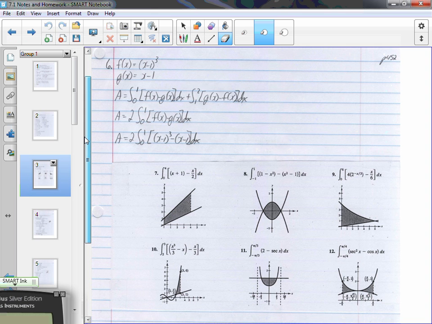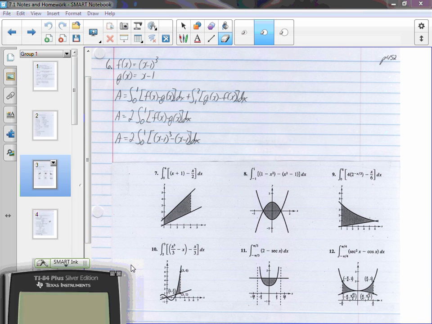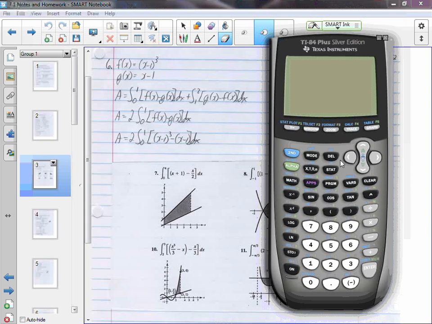So we've got f of x equals the quantity x minus 1 cubed, and g of x equals the quantity x minus 1. I need a picture of this. All right, so we'll call y1 f of x.